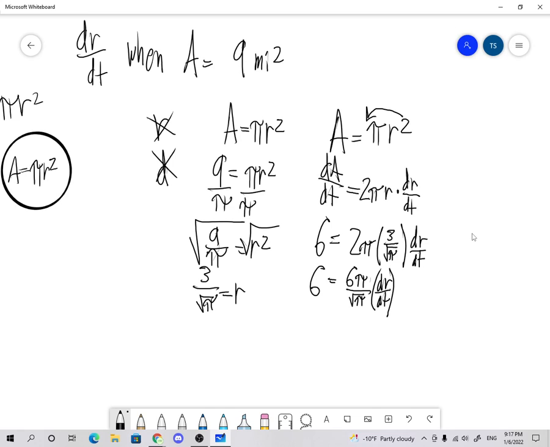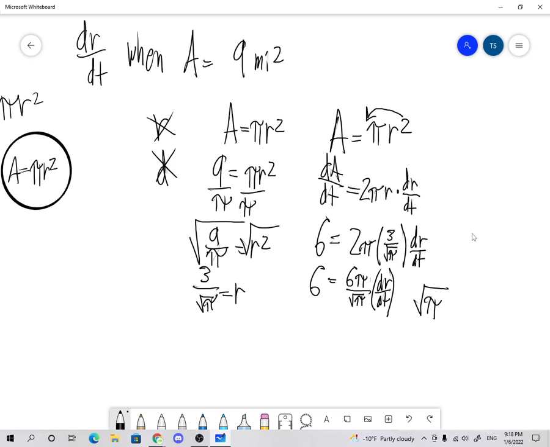Now I'm noticing that I have pi and square root of pi. Now, this is a rather tricky thing, and there's no real right way to look at this other than the fact that this will be helpful if you understand how squares work, because the square root of pi is equivalent to... hold on a minute, how do I explain this?